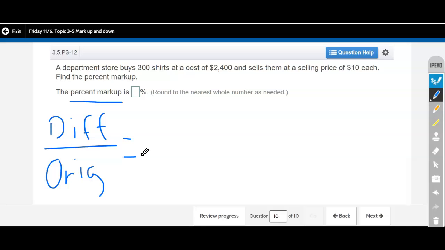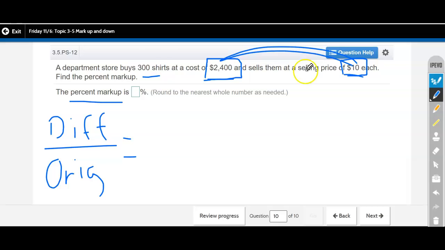So we got a department store that buys 300 shirts at a cost of $2,400 and sells them for $10 each. Find the percent markup. First of all, we can't find the difference between these two because this is what all 300 shirts cost. This one is what each shirt costs.